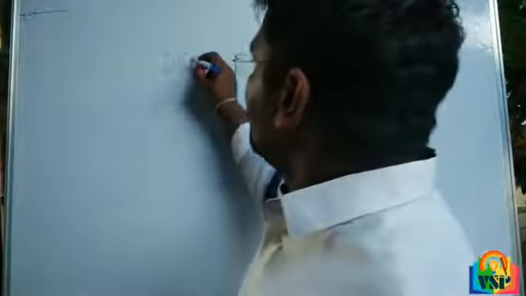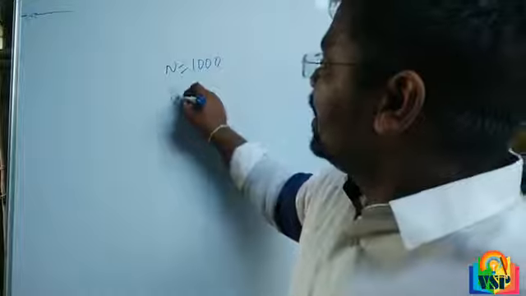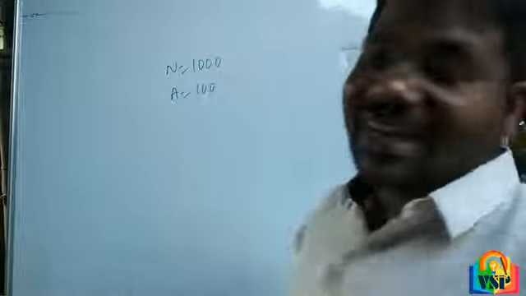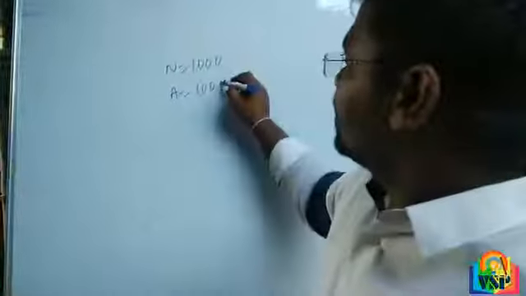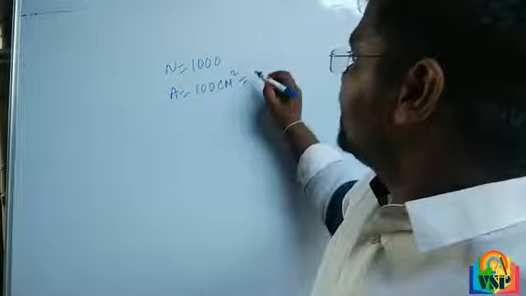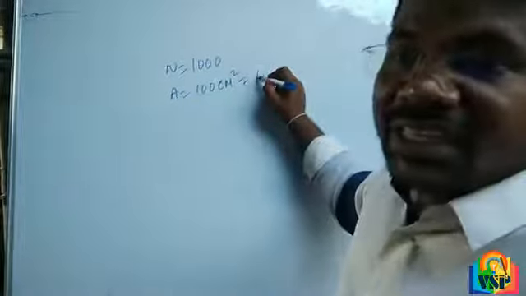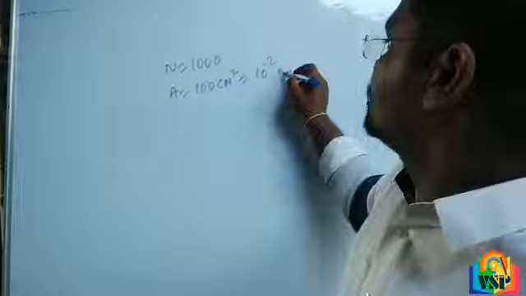Coming to a problem based on AC generator, here the number of turns is given as 1000. The area of the armature A is equal to 100 centimeter square. This 100 centimeter square you can write as 10 power minus 2 meter square.